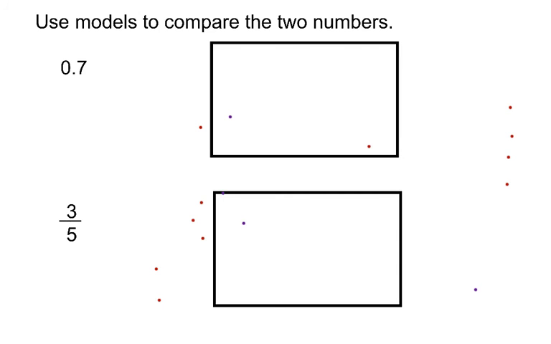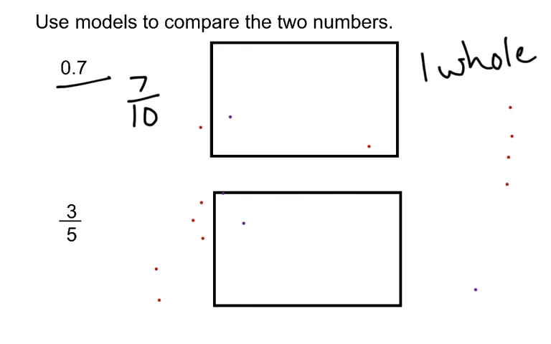Okay, so now we're going to use models to compare a fraction and a decimal. So looking at 7/10, I can display this, of course, as each one of these squares represents one whole. Rectangles, I should say. And if I break up the first one into tenths, I would get 7/10.